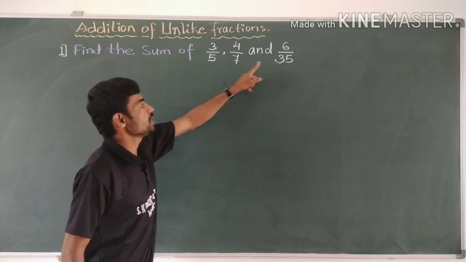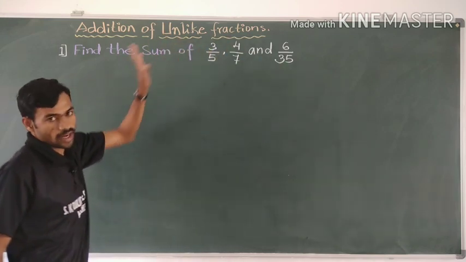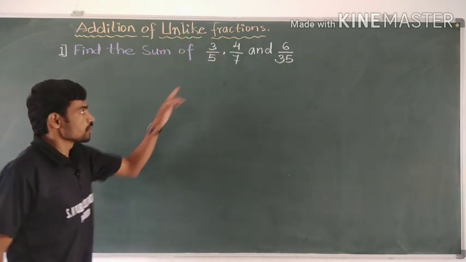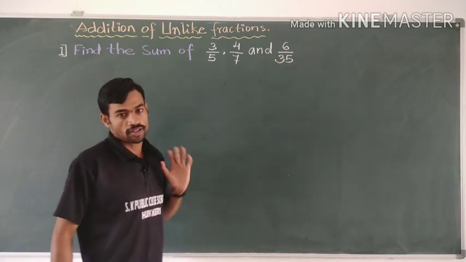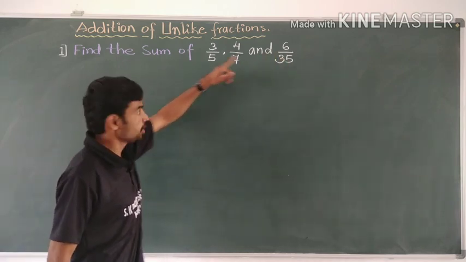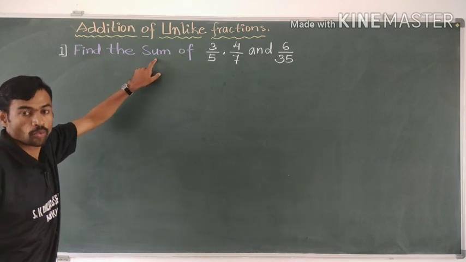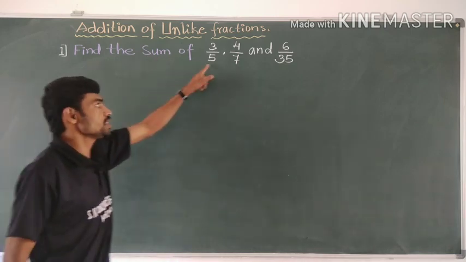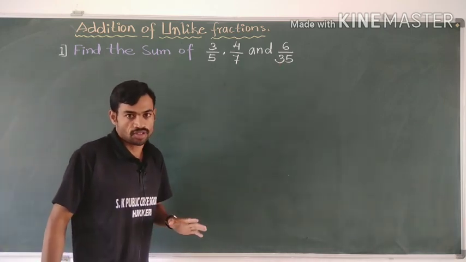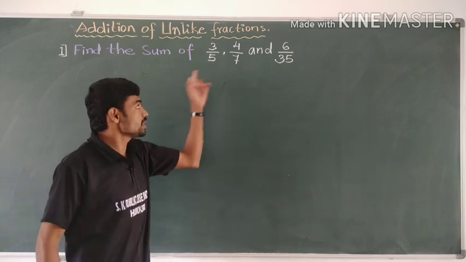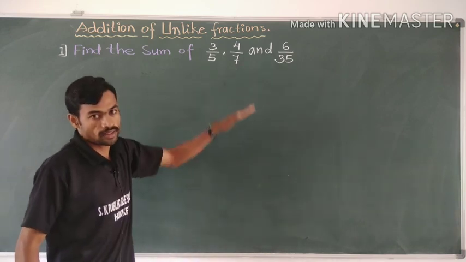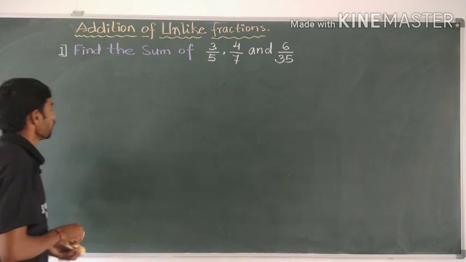That's why these are unlike fractions. So how to add these unlike fractions? Let us see on the board.